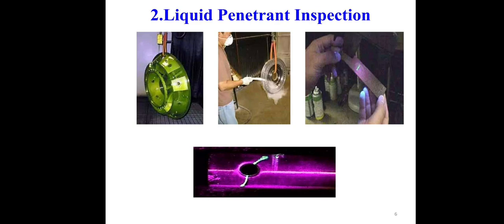It detects flaws that are open to the surface, for example cracks, seams, lack of bond, porosity, cold shut, etc. In the liquid penetrant test, the liquid penetrants are drawn into the surface flaws such as cracks or porosities by capillary action. Then the developer material, in conjunction with the visual inspection, reveals the surface flaws.